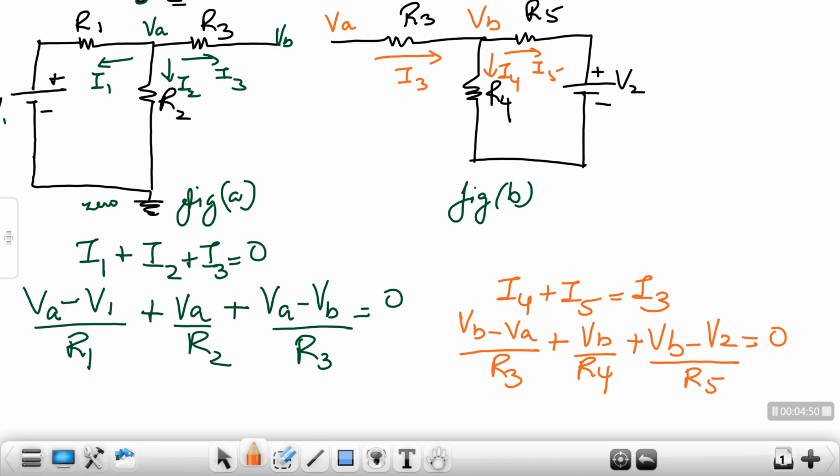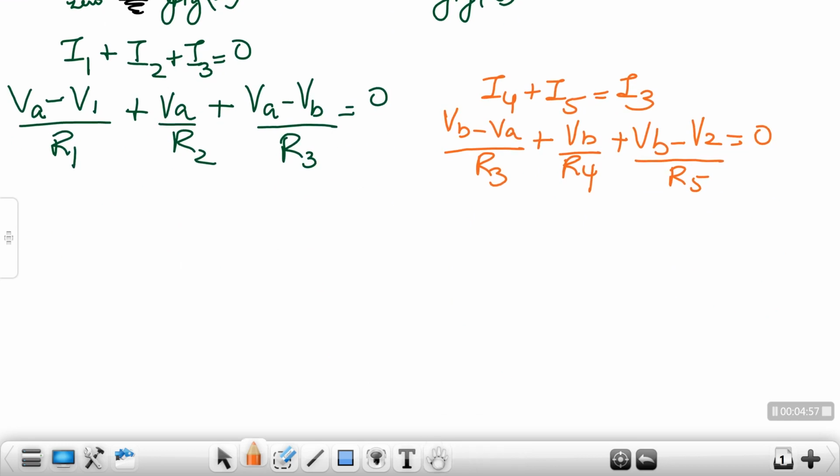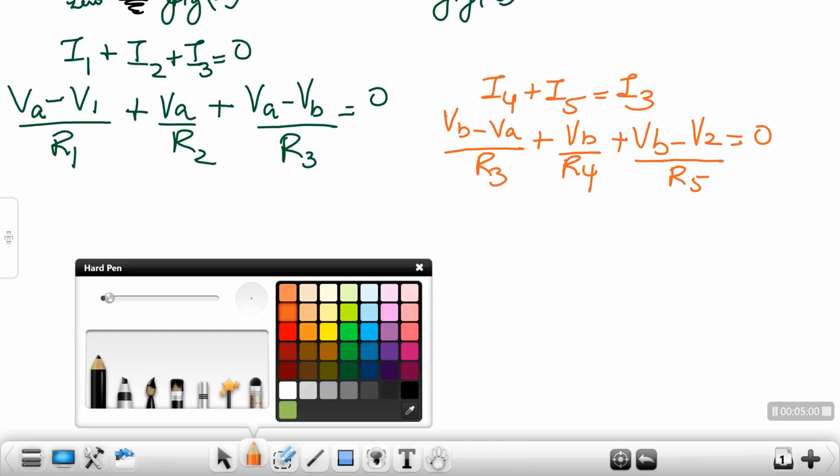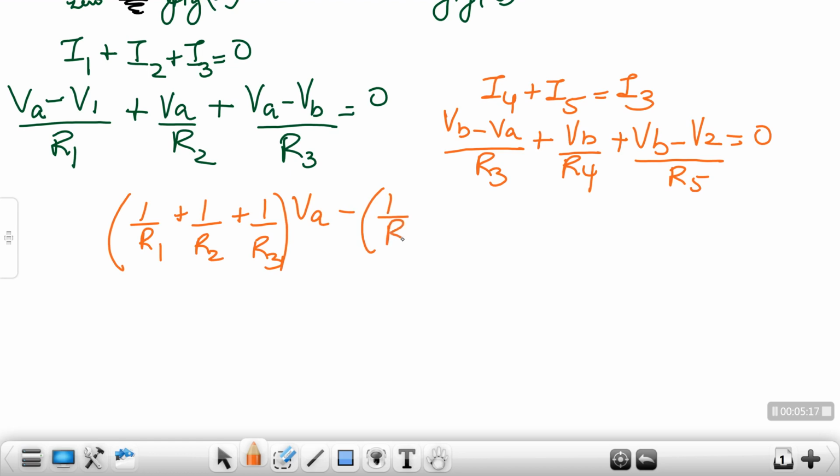So if we continue with it, if we rearrange the terms, we will get 1 upon R1 plus 1 upon R2 plus 1 upon R3 into VA minus 1 upon R3 into VB is equal to 1 upon R1 into V1.